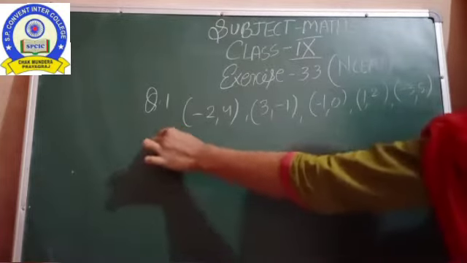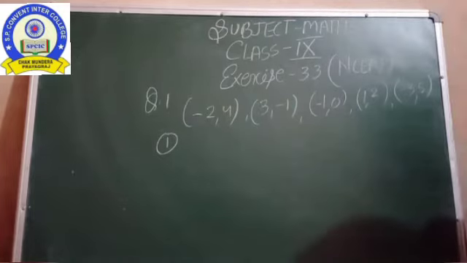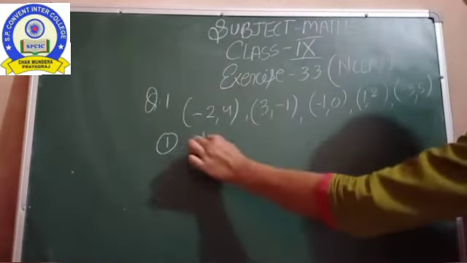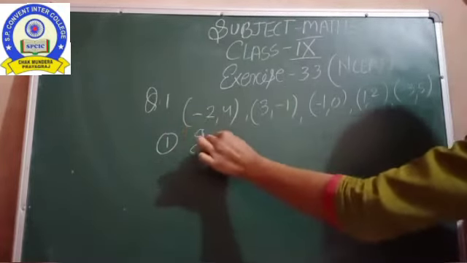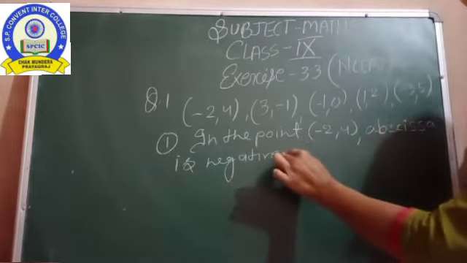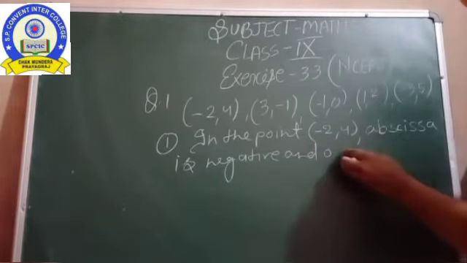So first, in the point (-2, 4), the abscissa is negative and the ordinate is positive.